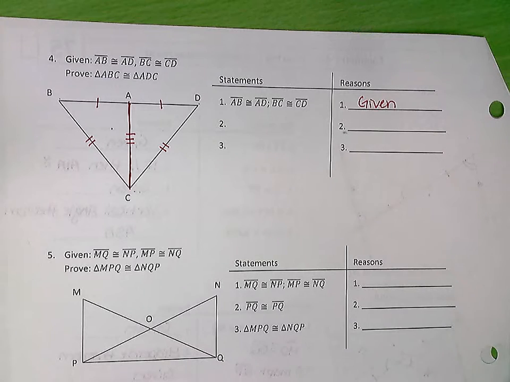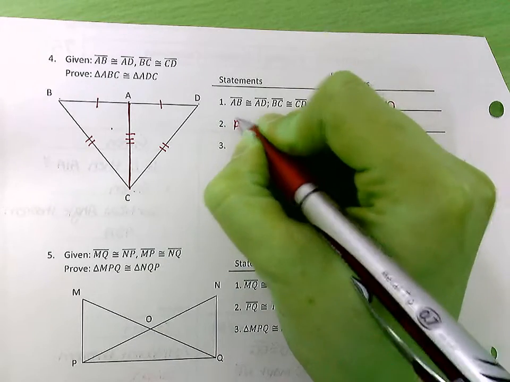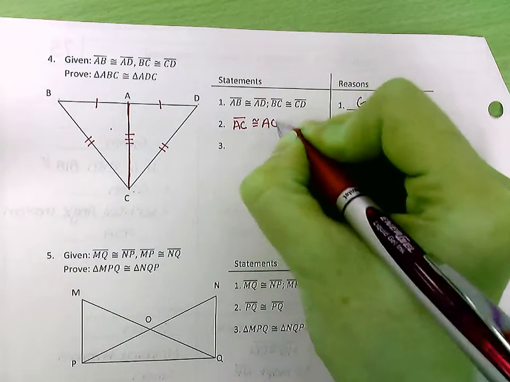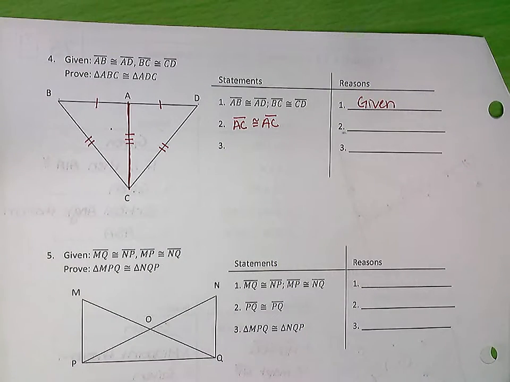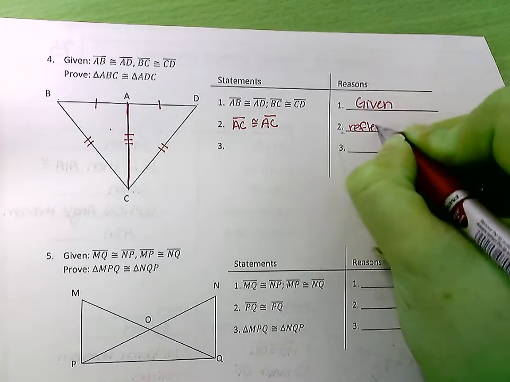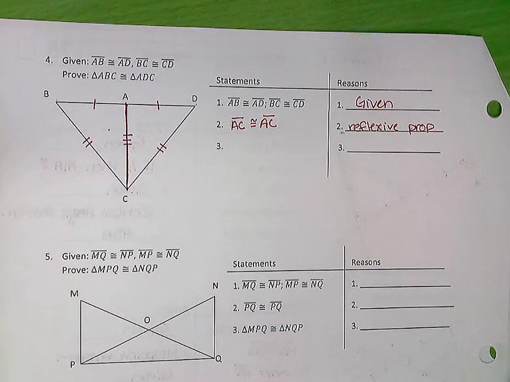So since I found that, I need to write that as one of my statements. So AC has to be congruent to itself, because then I have AC in triangle ABC, and AC in triangle ADC. And that is the reflexive property. Something equal to itself.